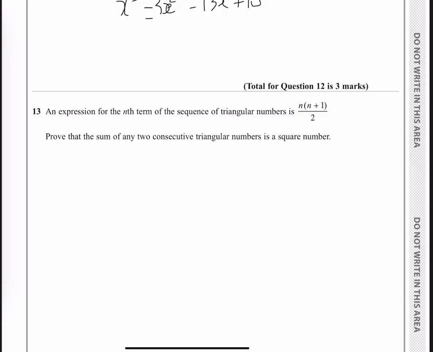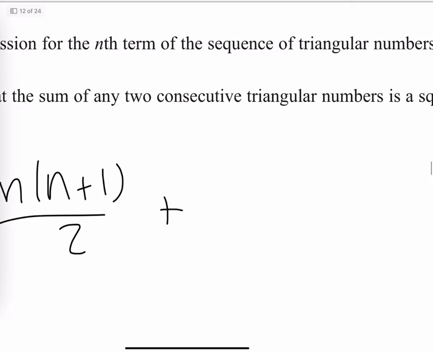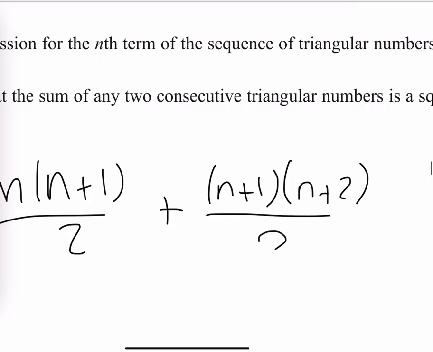An expression for the nth term of the sequence of triangular numbers is this. Prove the sum of any 2 consecutive triangle numbers is a square number. Okay, so the first one is then n plus 1 over 2 times n. And then the next number would therefore be n plus 1, n plus 2 over 2.